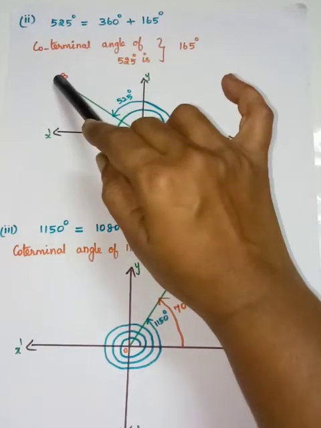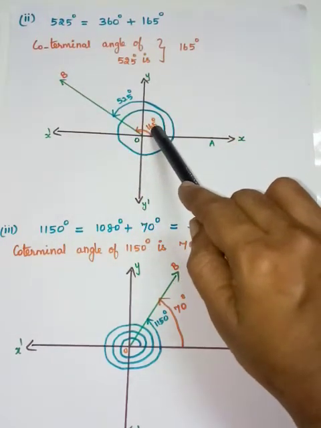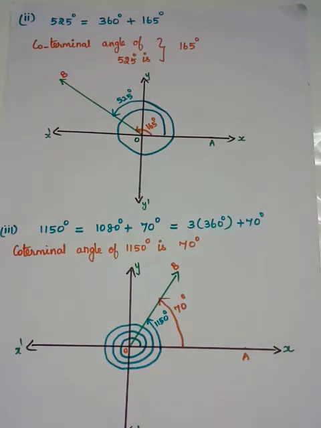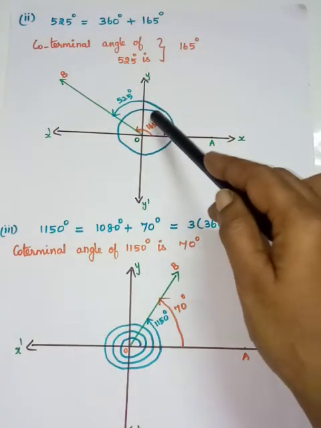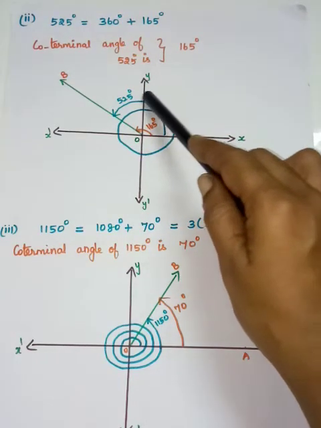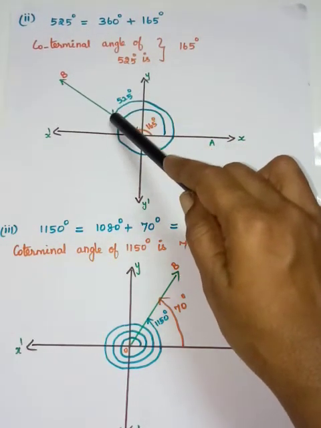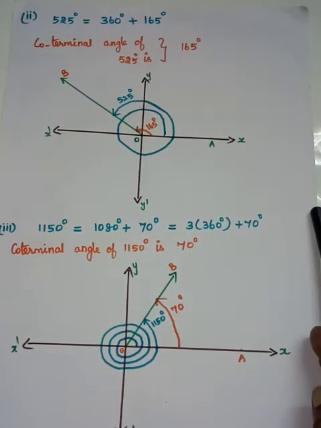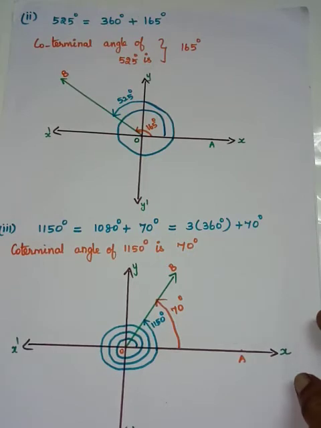So this is the terminal side of 165 degrees, and 525 degrees is greater than 360 degrees. After making one complete rotation in the anti-clockwise direction, it has to move to 165 degrees, so it has the same terminal side. So the coterminal angle of 525 degrees is 165 degrees.